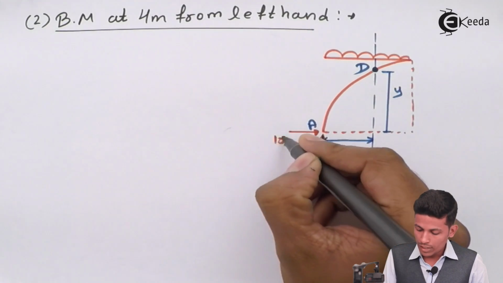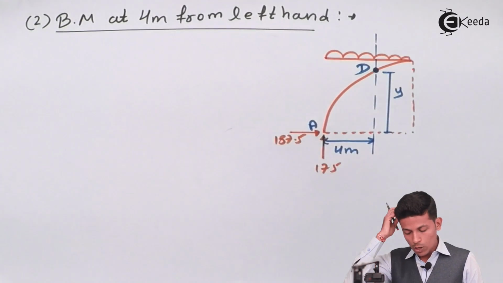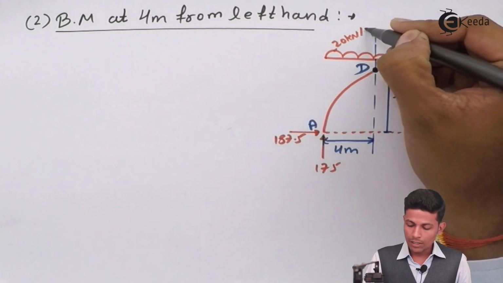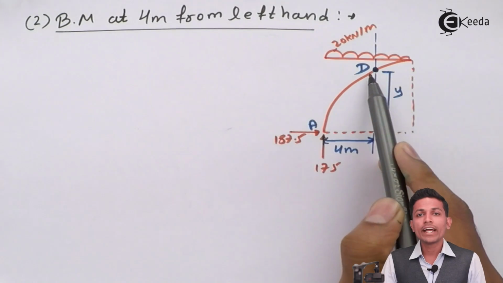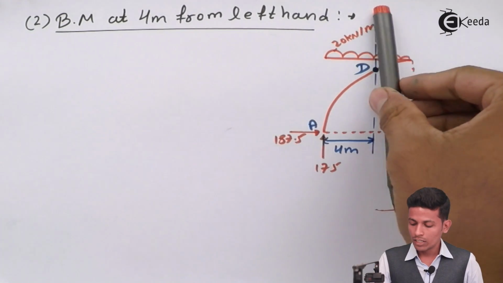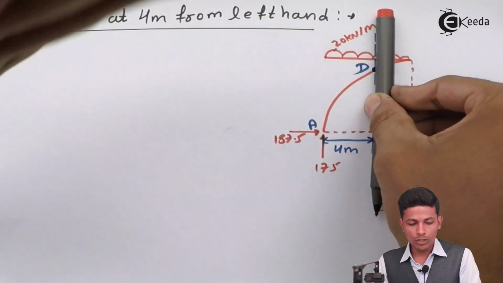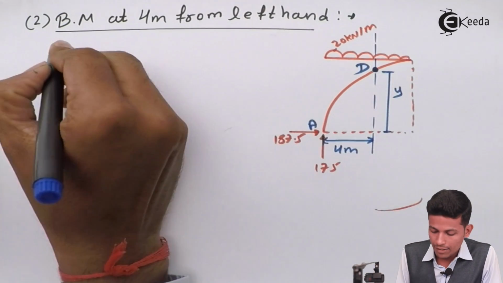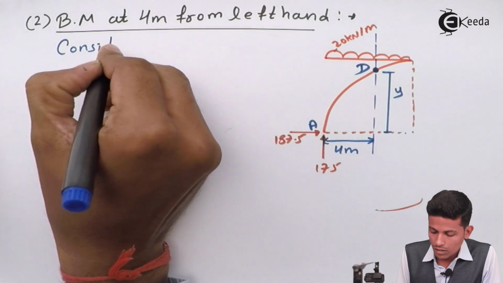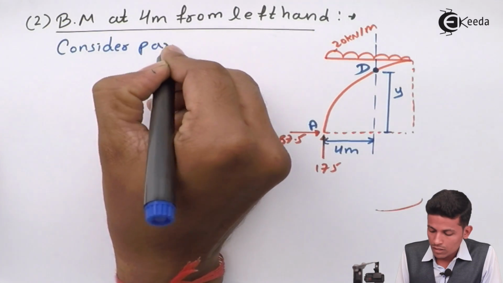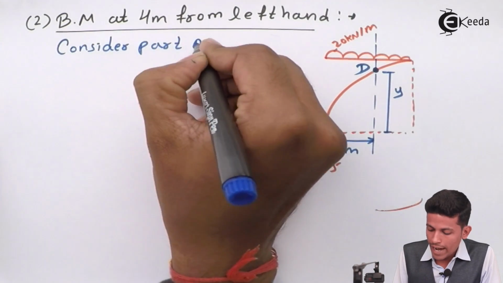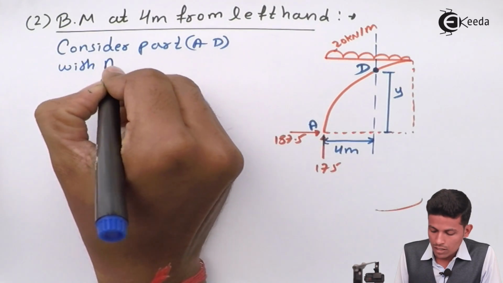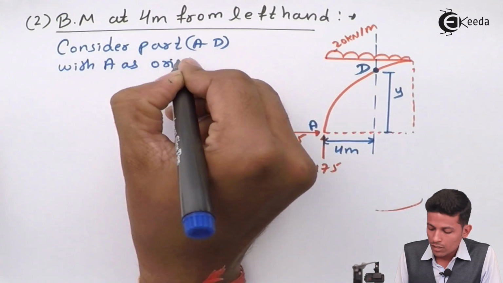175, 187.5. Now the intensity is 20 kilonewton per meter. To find the bending moment at D, you are taking a section over here, so we have to take this part only. So consider part A and D with A as origin.